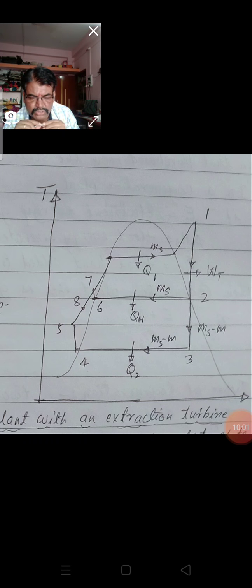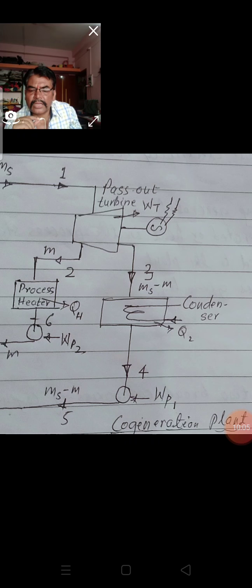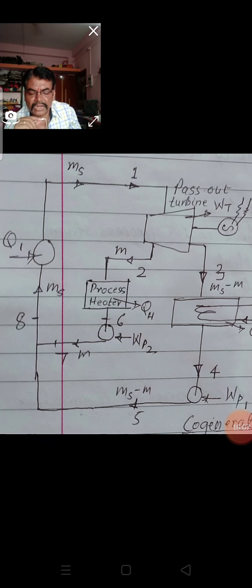So what is the importance of it? The topping cycle is basically used to generate mechanical energy as well as thermal energy.